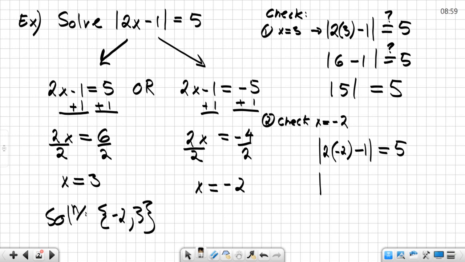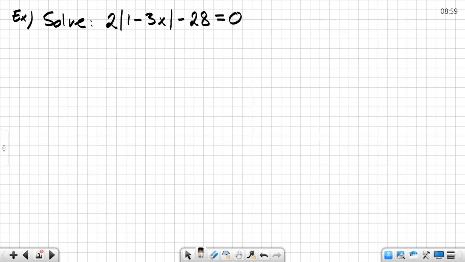Working from the inside to the outside, 2 times a negative 2 is a negative 4. We are testing, so this is going to be the absolute value of a negative 5. And yes, indeed, all that absolute value bars do is make something positive because, as I said at the beginning, it represents distance. Let's do one more.